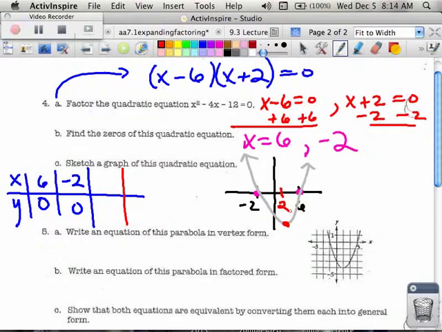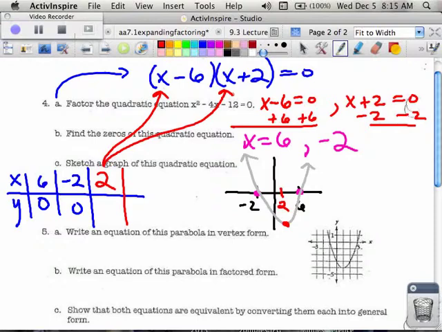The way that I figured that out is I averaged negative 2 and positive 6. In other words, negative 2 plus 6 is 4. Chop that in half and I got 2. This is the x value where your vertex will occur. If you want to find the y value, shove that 2 in for each of the x's and see what happens.